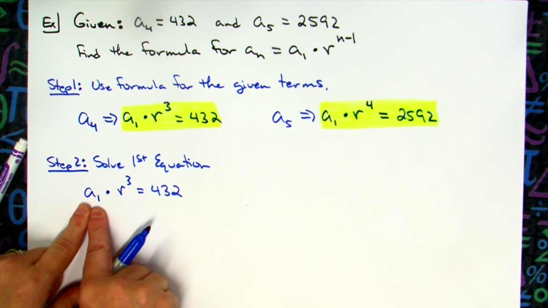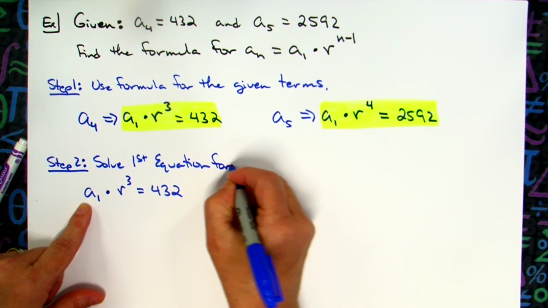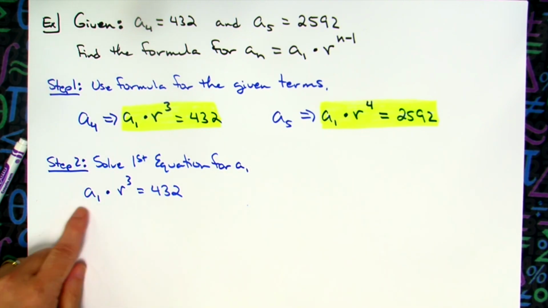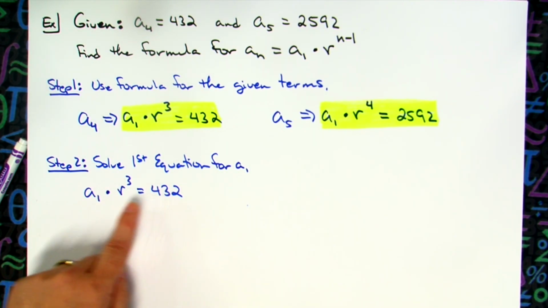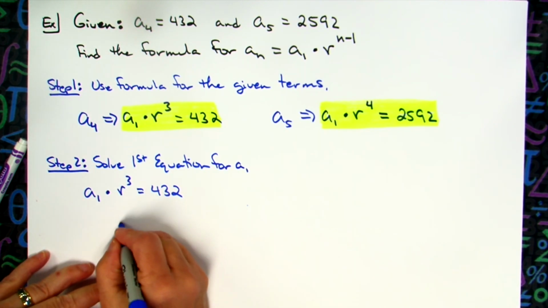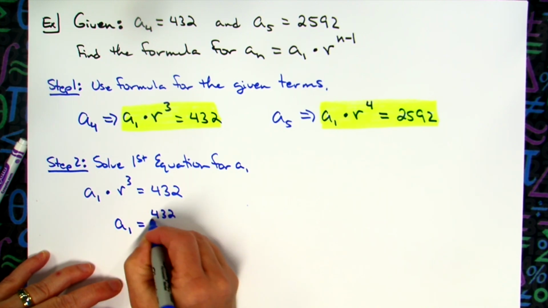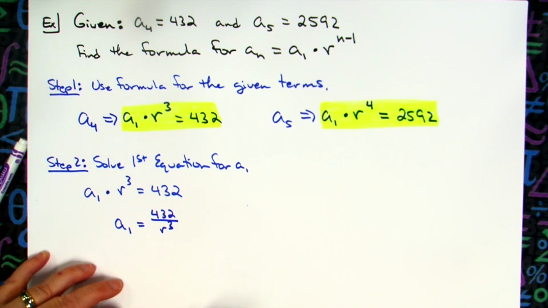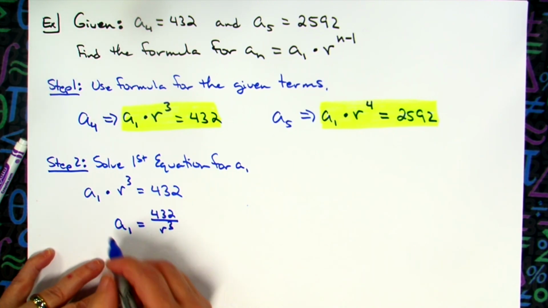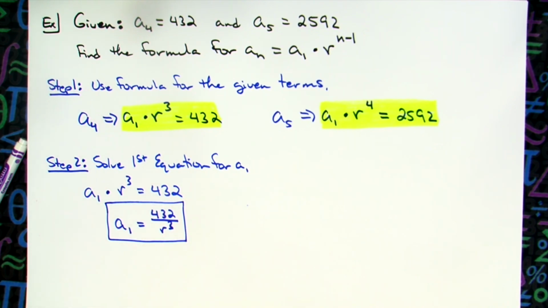I should have maybe even said solve first equation for a sub 1. So this times this equals this, so all I've got to do is divide both sides by r to the 3rd power. So a sub 1 is equal to 432 divided by r to the 3rd. And right now, that's the best I can do because I don't know what r is. I don't know what my first term is. So I'm just going to take that first equation and solve for a sub 1, in other words, divide by r to the 3rd power.